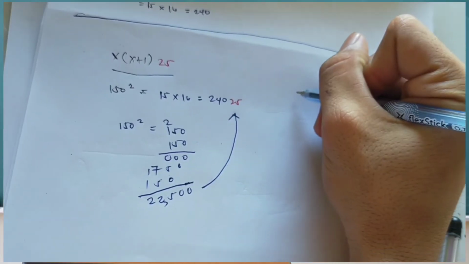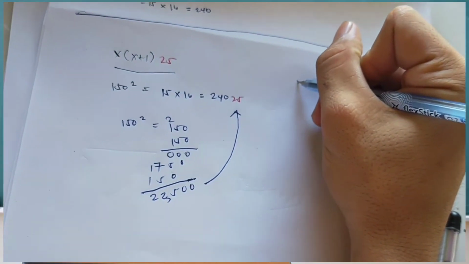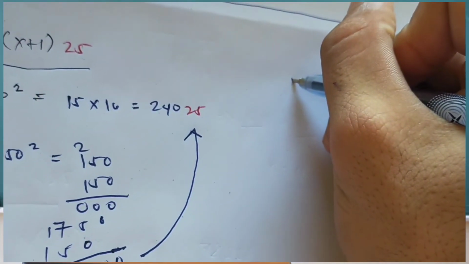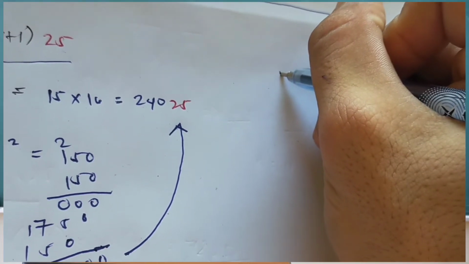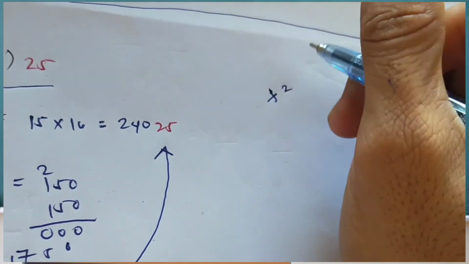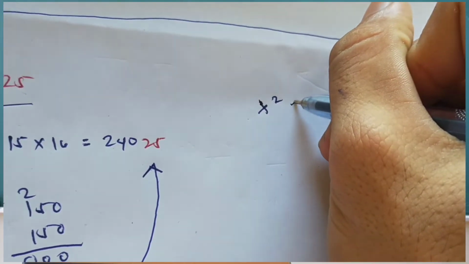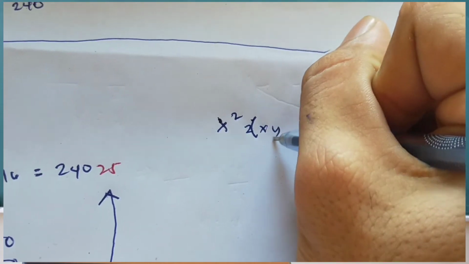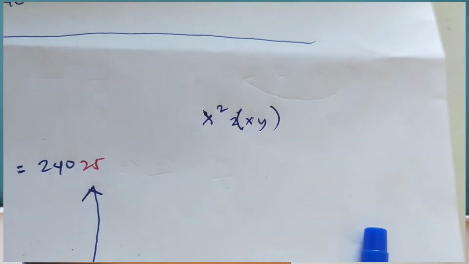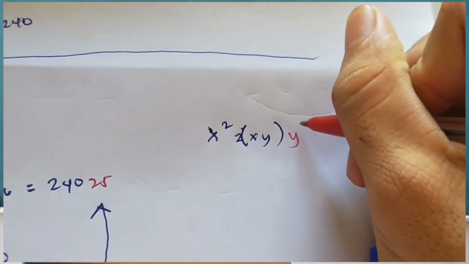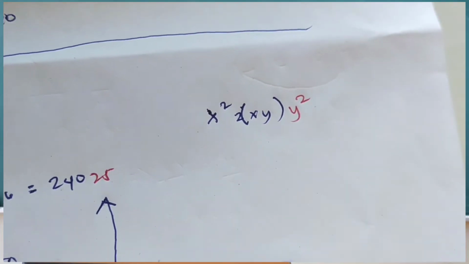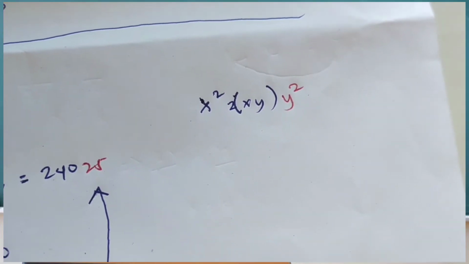So for solving numbers with the middle number 5, we're going to use the formula stated in step number 4. So that will be x squared, then tack 2xy, then another y squared. So that will be our formula for solving numbers with the middle number 5.